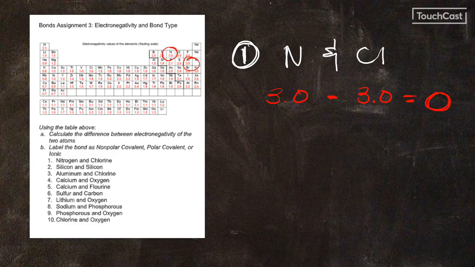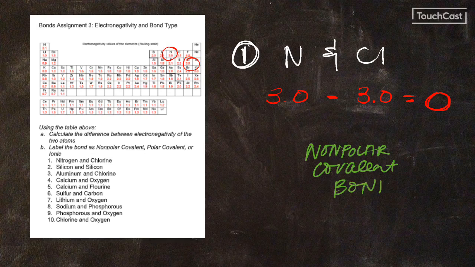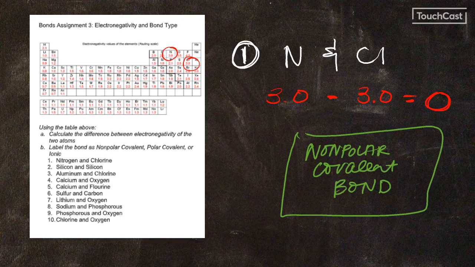We're then going to compare it to the chart we just finished, and we will find out that we have a nonpolar covalent bond. And that is our answer. All you're going to do is do that for 2 through 10.